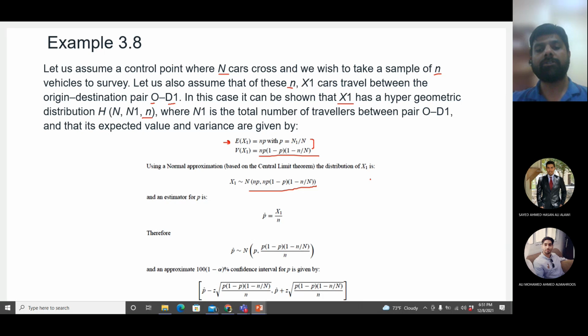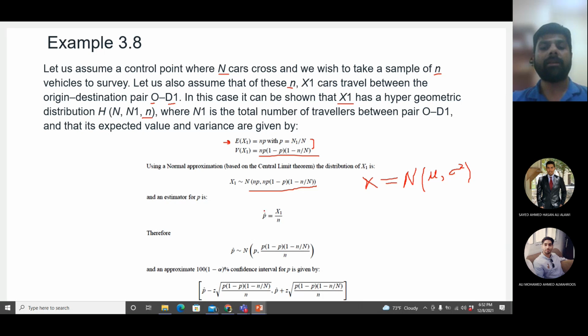The notation is: x follows normal distribution, so you write N here. Then within brackets you write the mean, mu is the mean, so in this case the mean is the expected value np, and then you write the variance. So for the geometric distribution, mean is equal to np and variance is equal to this whole thing. So this is how we have written it.